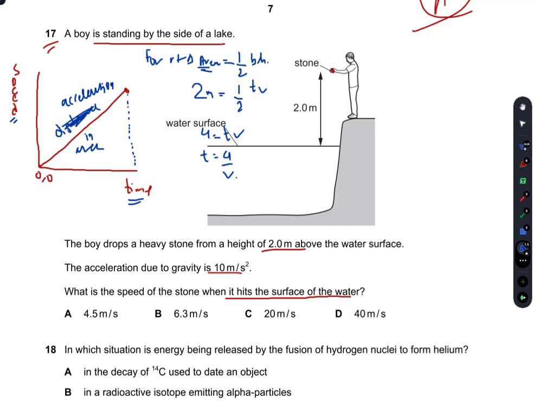So for this acceleration, slope is equal to final velocity minus initial velocity, which is V minus 0, over time, is equal to 10. 10 is the acceleration due to gravity here. So V by T is equal to 10. V is equal to 10 times T. So this is the second relation here.